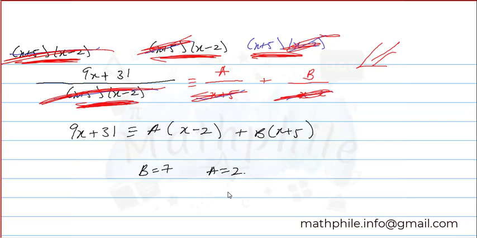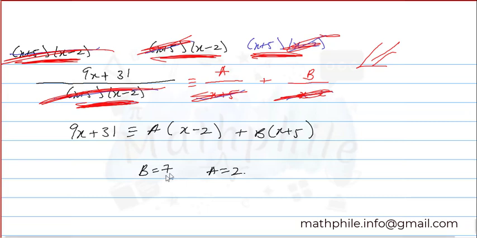Yes, sir. So I got A to be 2, B to be 7.